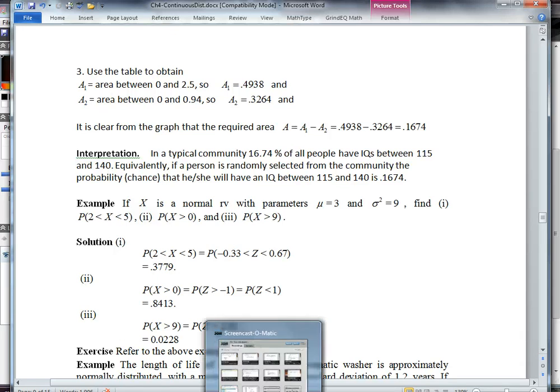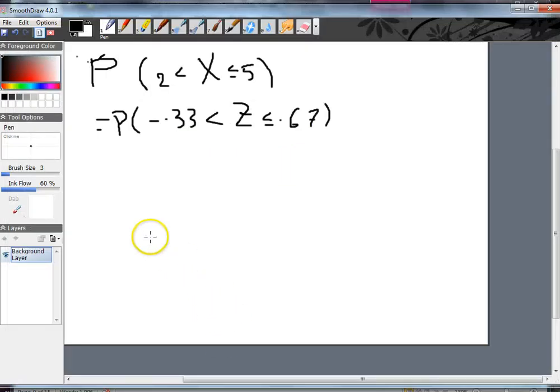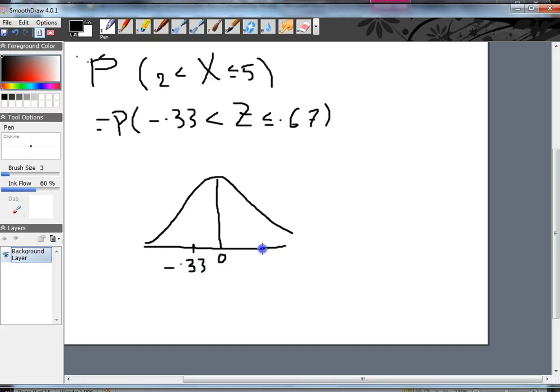And we found those from the z-scores. Second step, we graph this. So it is a bell shape. That's my 0. That's my negative 0.33, and this is my positive 0.67.